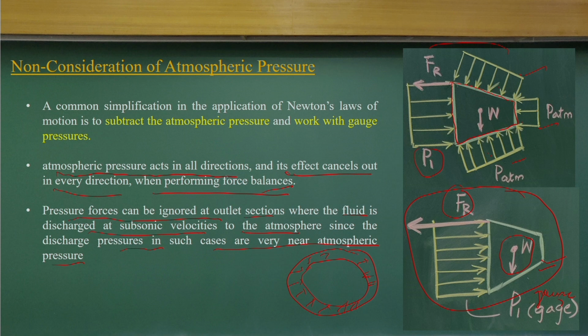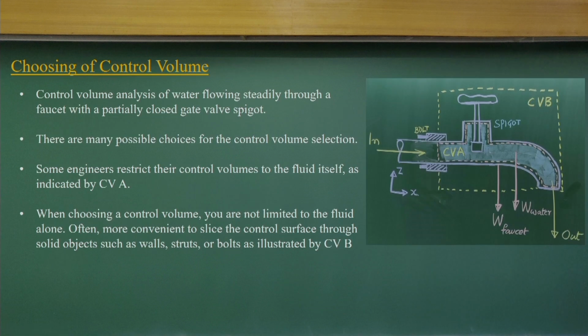If you measure the pressure at an outlet section, it becomes atmospheric pressure. So, we neglect that atmospheric pressure component if you have a free outlet discharge. The point I want to make is that we work with gauge pressures when defining the simplifications of the control volume concept.